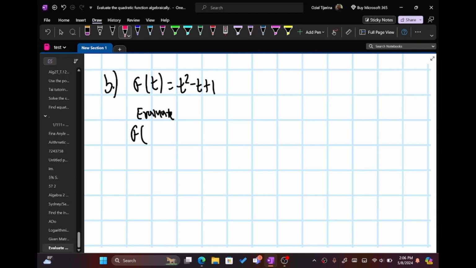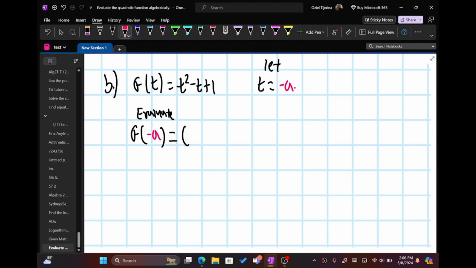So let's go ahead and do this. Now this is f of negative a, and we're going to put in negative a for every single part of this. So for t, let t equal negative a. We're just going to put that in for every single t value.